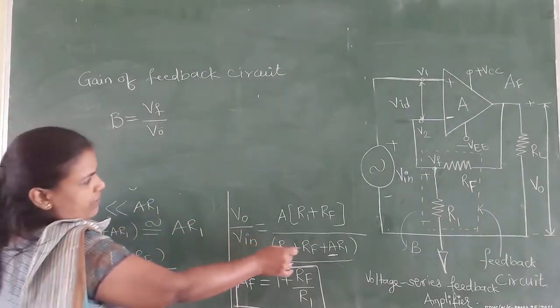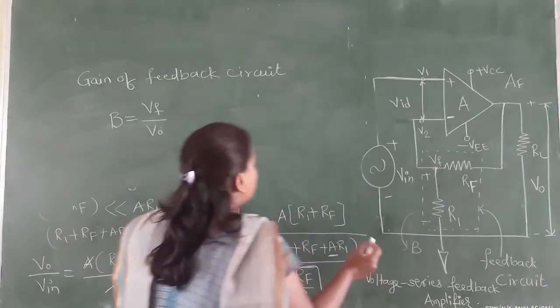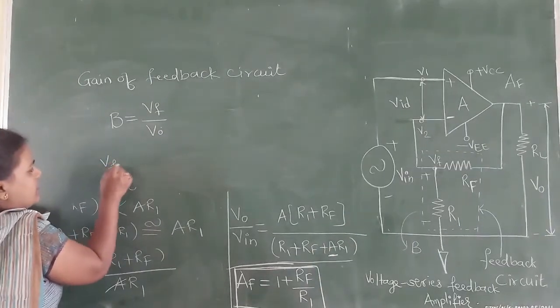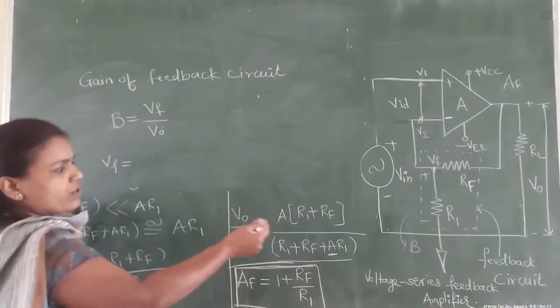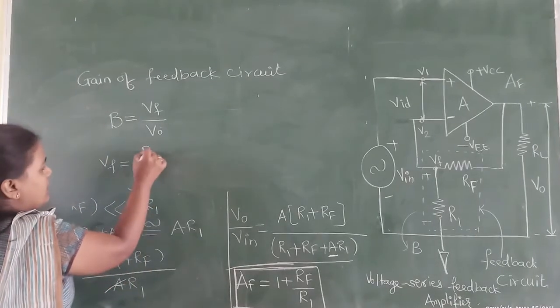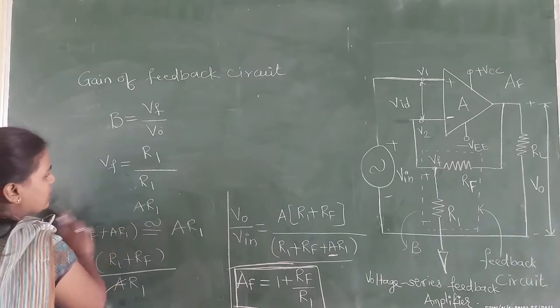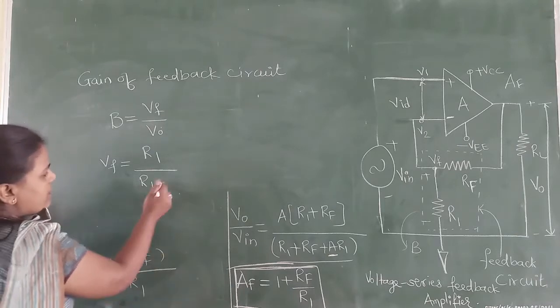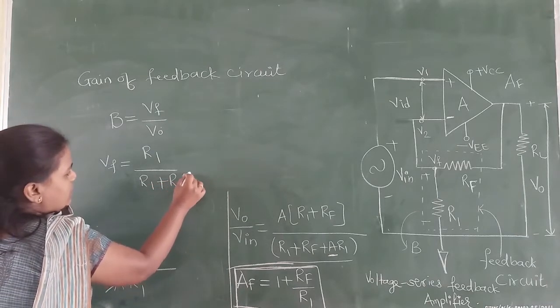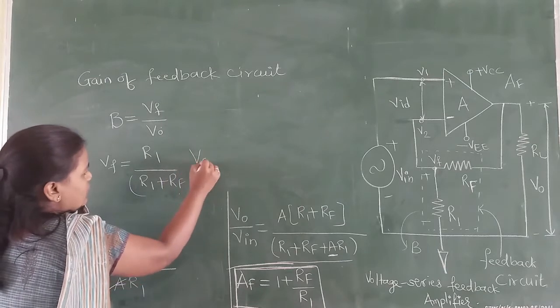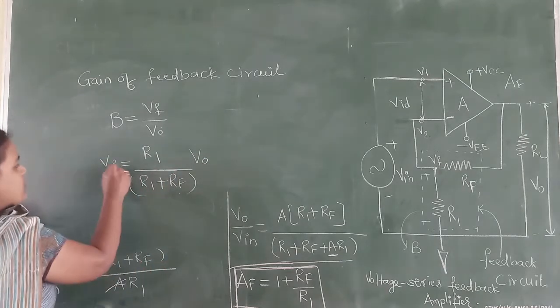We already derived what my Vf voltage is. Vf is nothing but the voltage developed across resistor R1, and by the voltage divider rule we can define it as R1 divided by R1 plus Rf into V0. This is my Vf voltage.